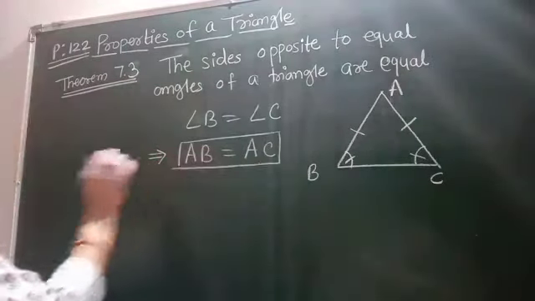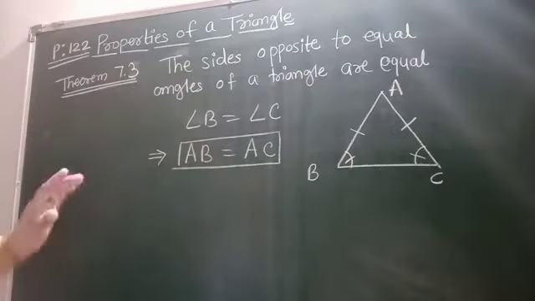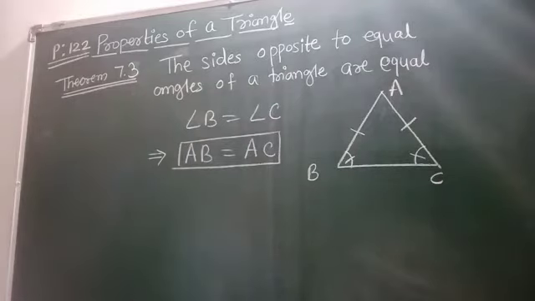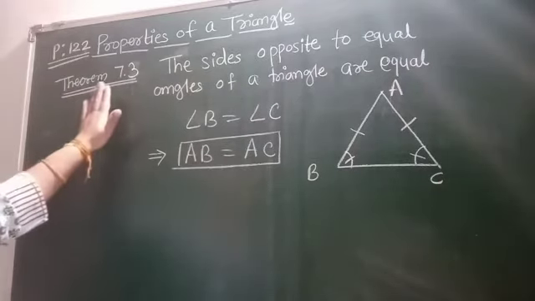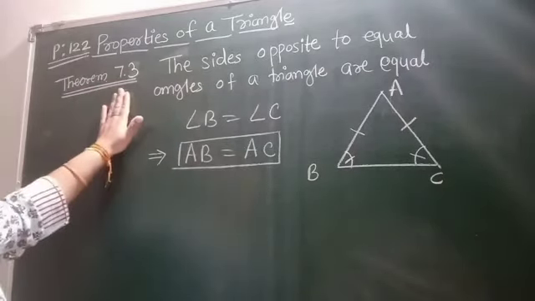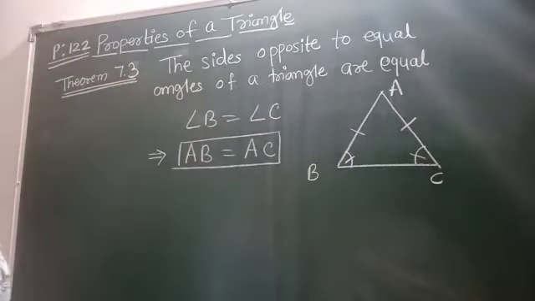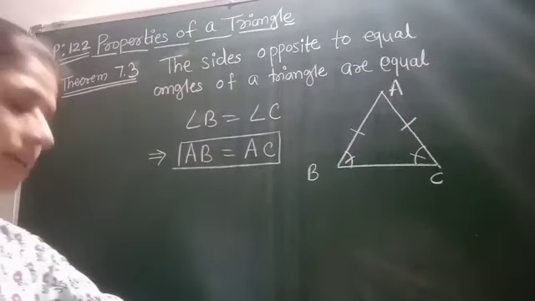No need to prove this theorem, students. Theorem 7.2 you have to write and prove in your classwork copy, but for theorem 7.3 you just have to write the statement in your classwork copy. Now we will use these two theorems in exercise 7.2.